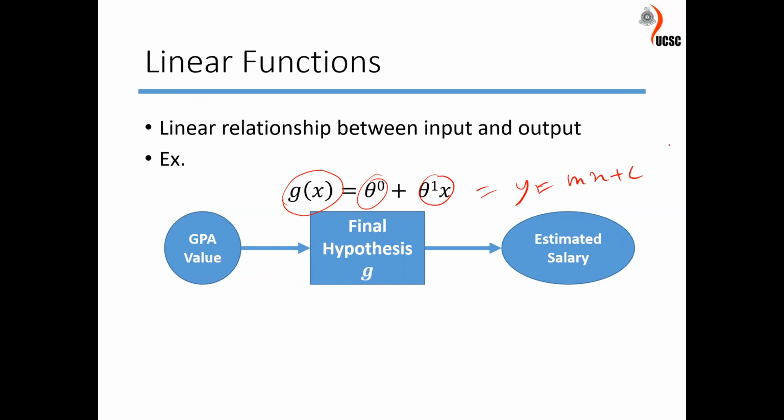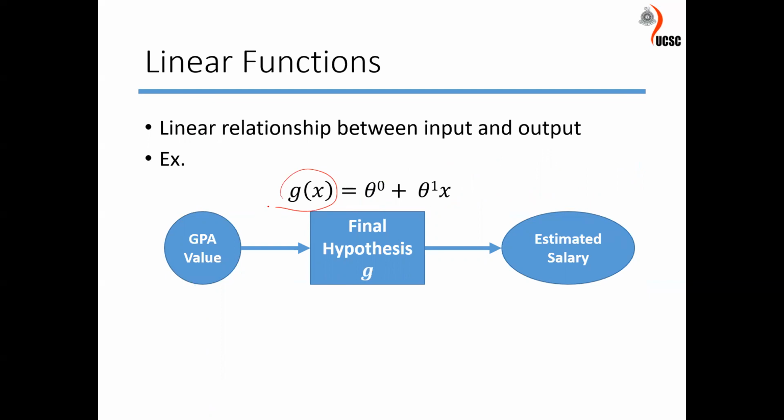To make it more statistical, we replace m with theta 1 and c with theta naught. So this is a linear relationship, because we have x in power of 1.